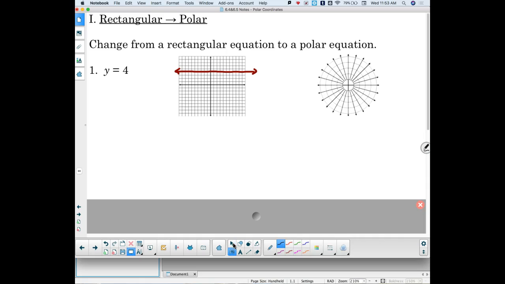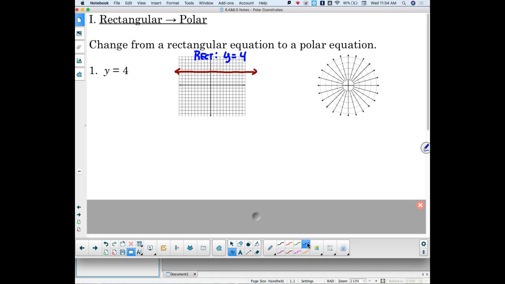So this was rectangular, y equals 4. Now, going back to your toolbox, which you probably have on some page in your purple packet, what can I put in place of y when I'm converting it? Because I can't really do much with 4, but I maybe can find something that y is equal to out there. Anybody got any ideas?